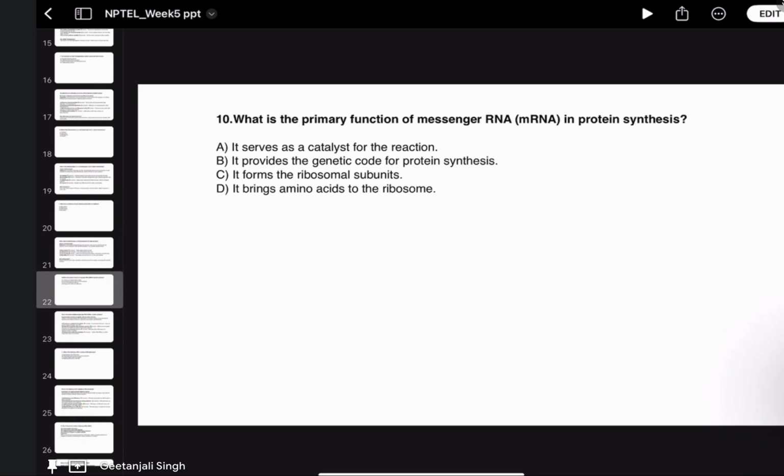If you remember, we discussed translation in the class where we discussed replication, transcription, and various other processes. Try to remember that.